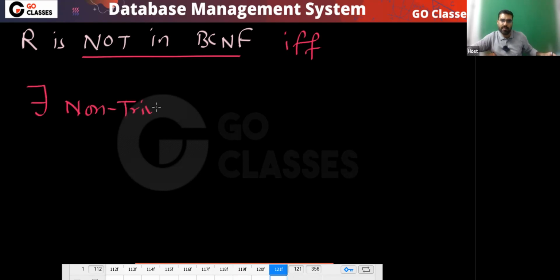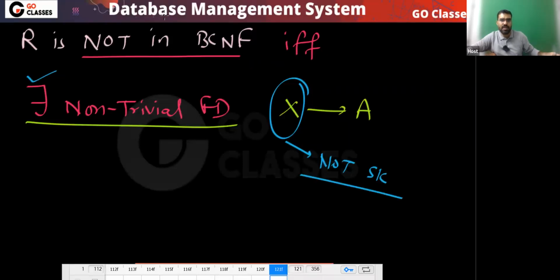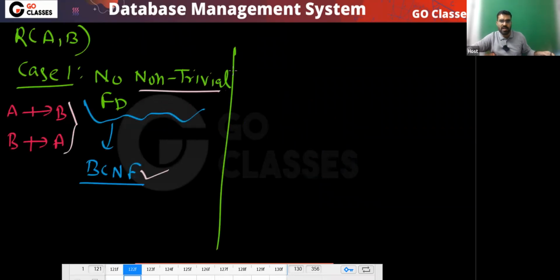You must have at least one non-trivial FD X determining A, where this X is not a super key. This type of non-trivial FD must exist. So if you have no non-trivial FD, then automatically your relation will be in BCNF.